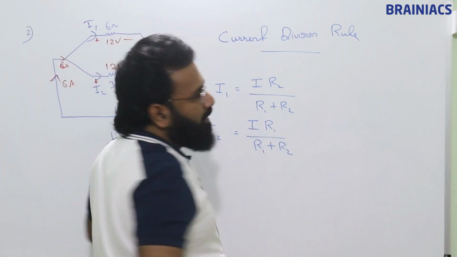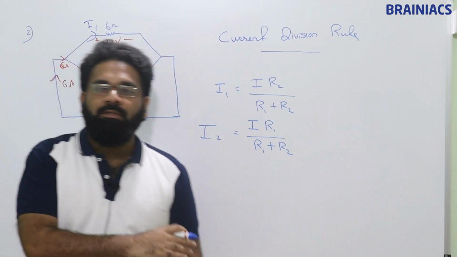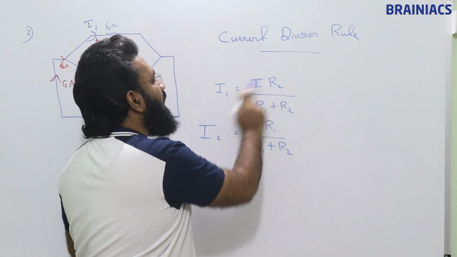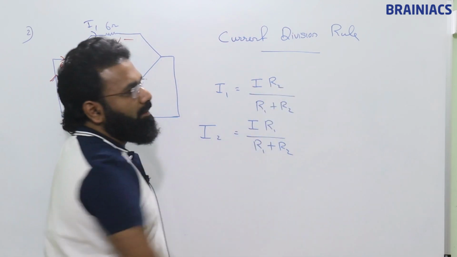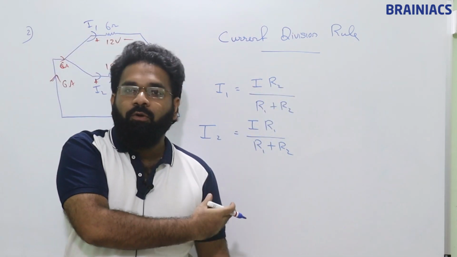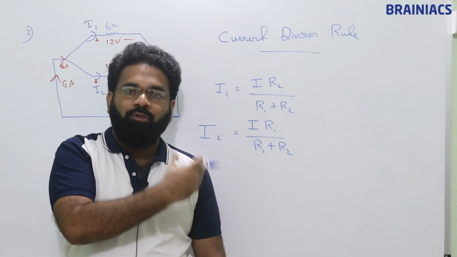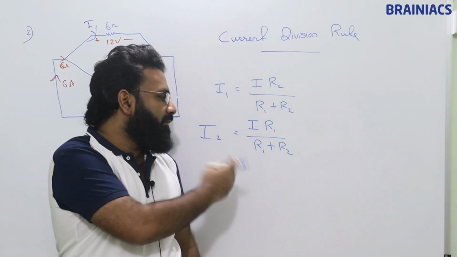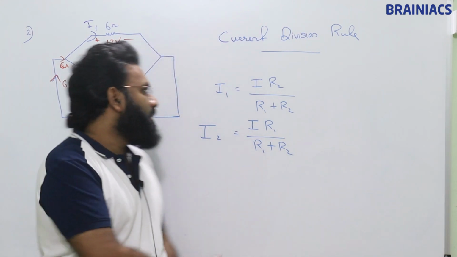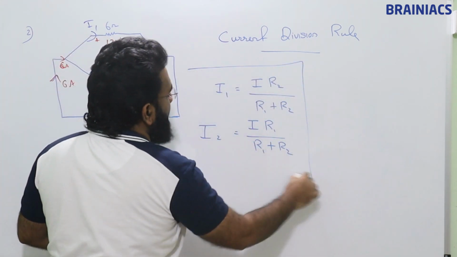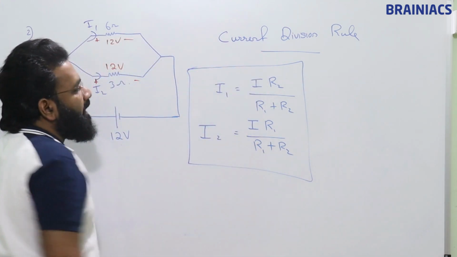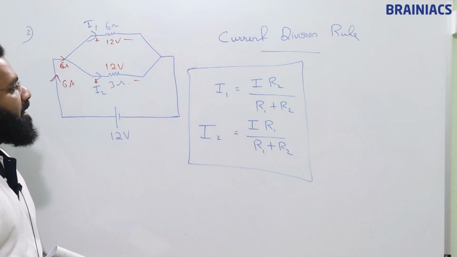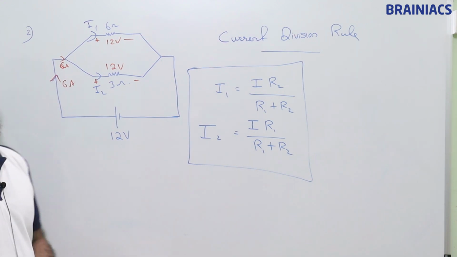That is, the opposite branch resistance divided by the total resistance. Actually this is just like the voltage division rule. From the ratio I1 is to I2 is equal to 1 by R1 is to 1 by R2, from there only we are getting all this. But if we have 2 branches, we directly do it like this and get the answer easily. Otherwise we will have to take the ratio and solve the questions. Note it down.